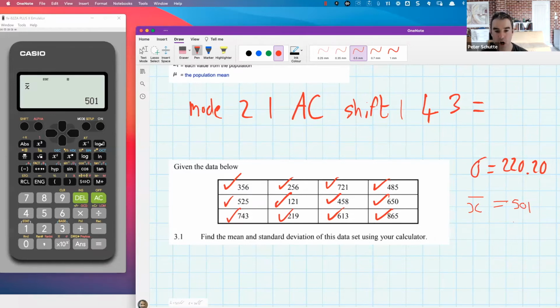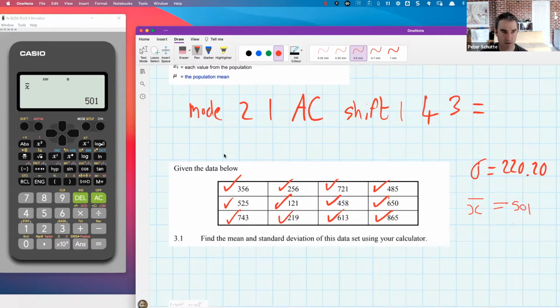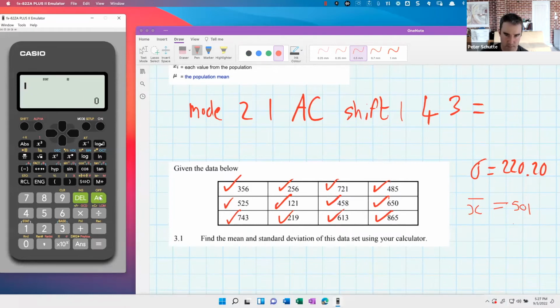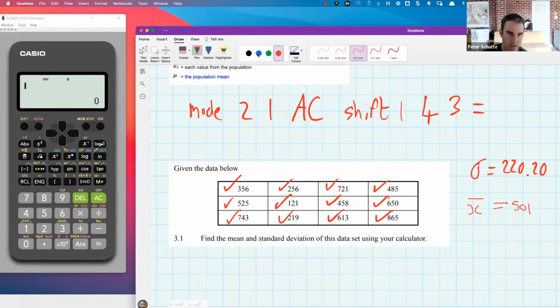Okay, so I'm going to go over this again. There's 2 steps in the process. Let me clear everything. So the very first step was to put the data into the calculator's memory, to change into statistical mode, and then put it into the calculator's memory. That basically was this step over here.